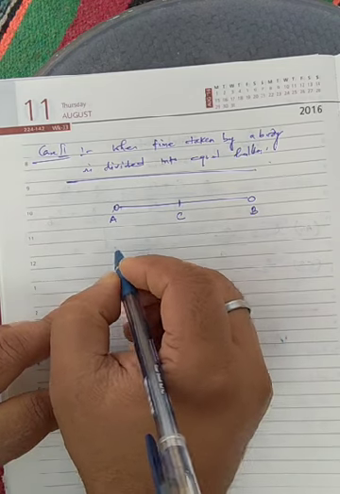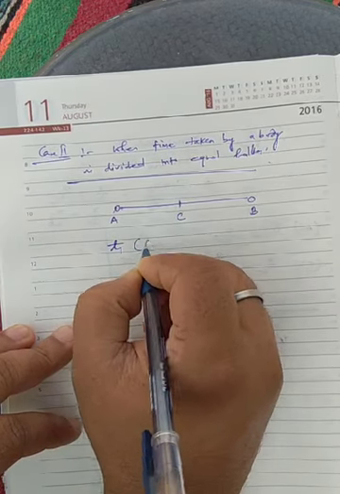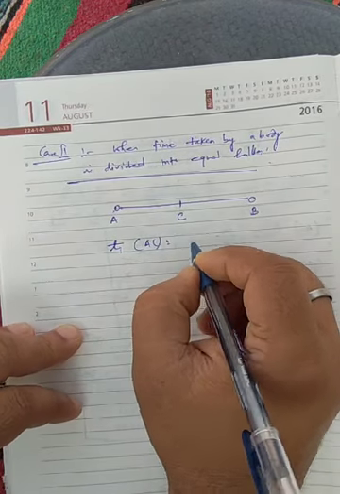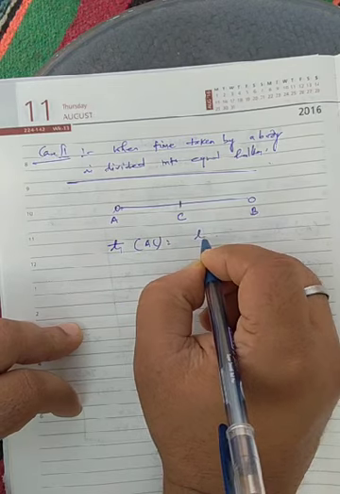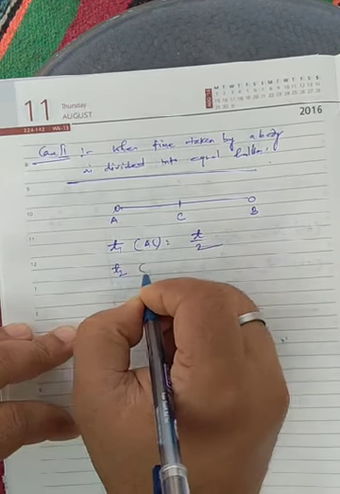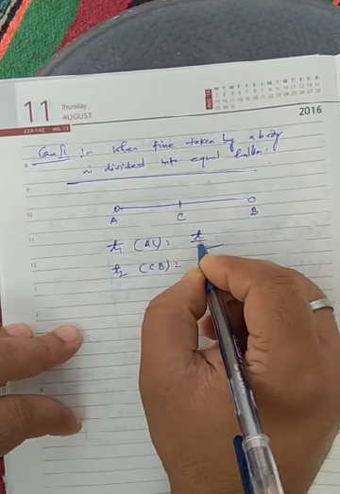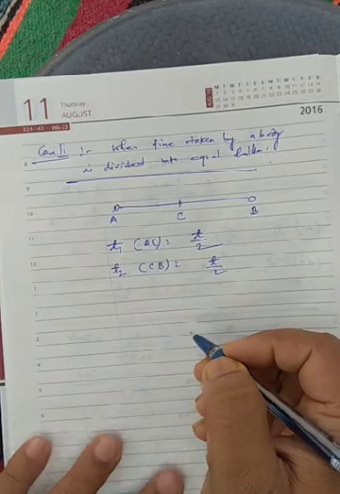So here time T1 for AC is equal to T by 2, and for time T2, CB, T by 2 again, because time is divided into two equal parts.